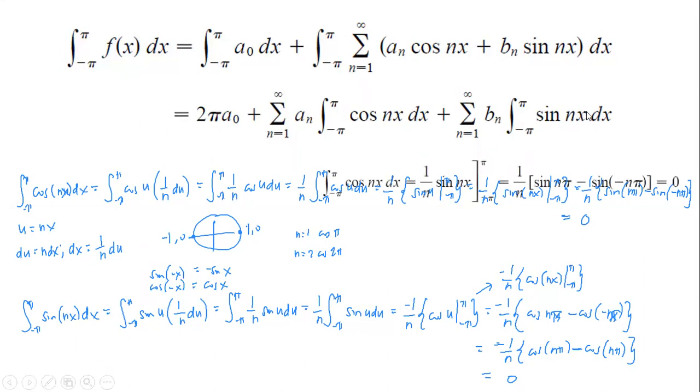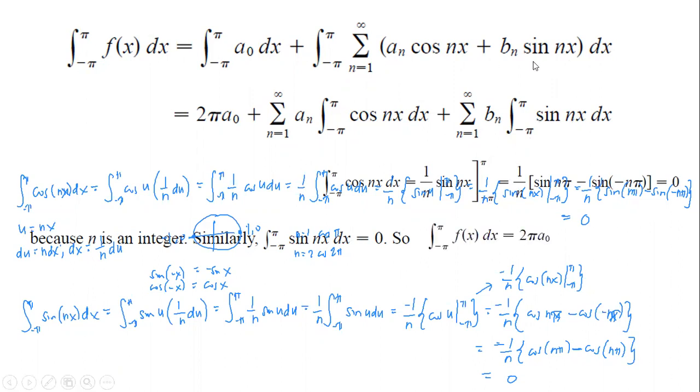Okay, so let's check our answer. For the second term, the result is zero. Okay. So because n is an integer, similarly, if we try to evaluate the last term, this will give us a zero value now. So from this equation, we're left here with this expression.